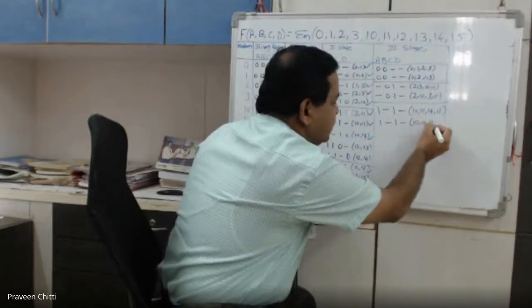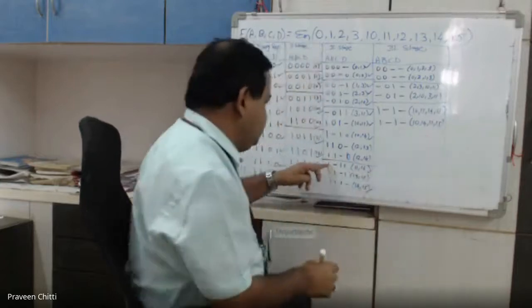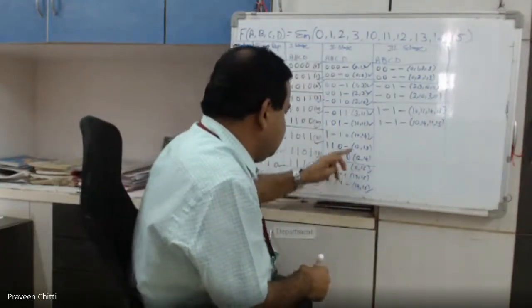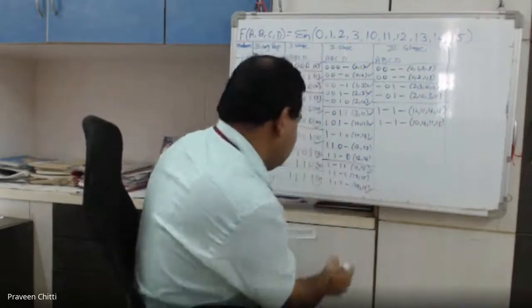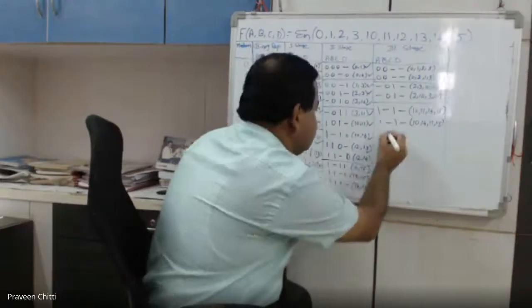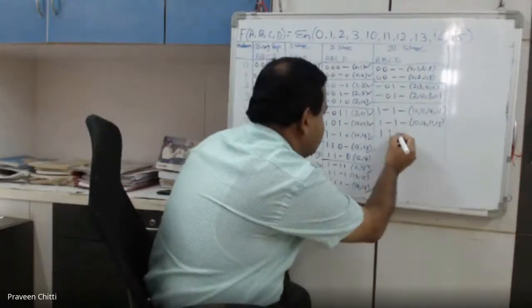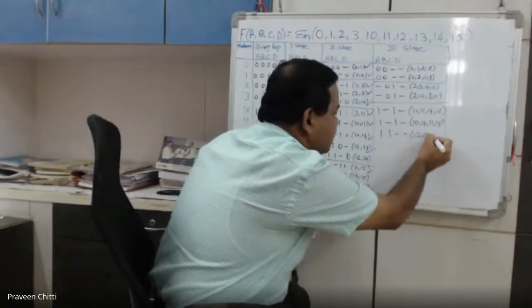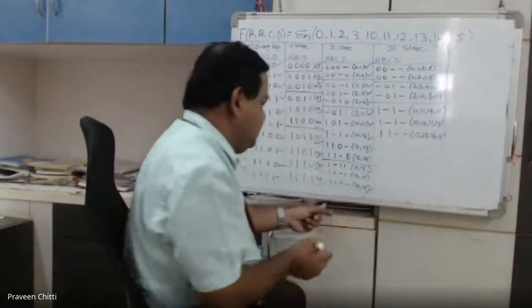Done. Now this 1, 1, 0 dash, that is 12, 13. 12, 13 and 14, 15 can be combined and I can write that as 1, 1 dash dash, 12, 13, 14, 15.